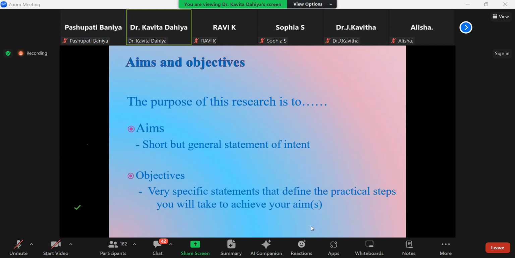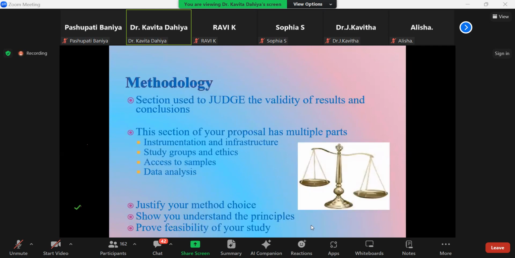for the achievement of your aims. Research methodology is again very important because this is the major blueprint of the research. This section is used to judge the validity of the research and conclusion also. This section of your research proposal has multiple parts: instrumentation and infrastructure, study groups and ethics, access to the sample, and data analysis.